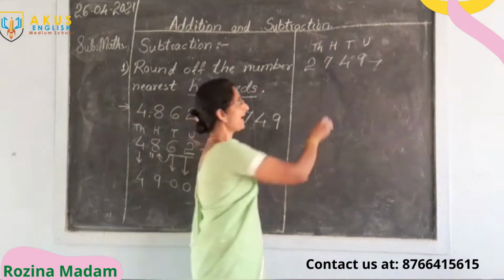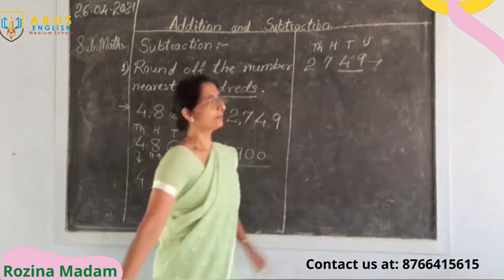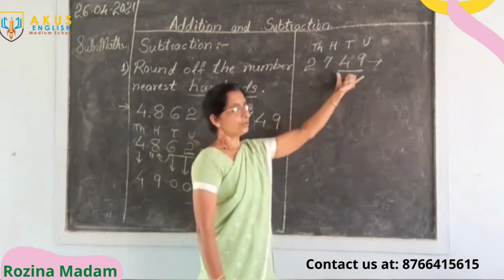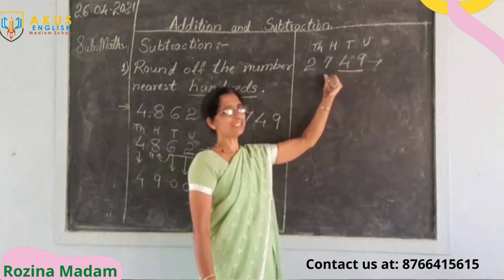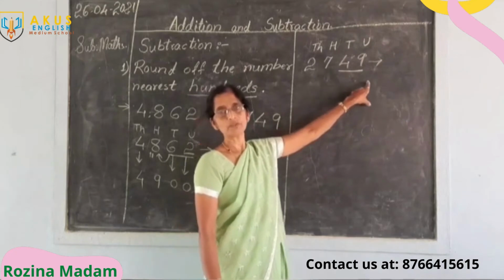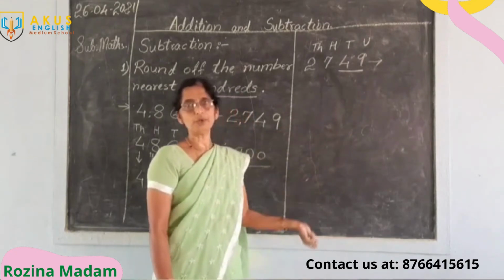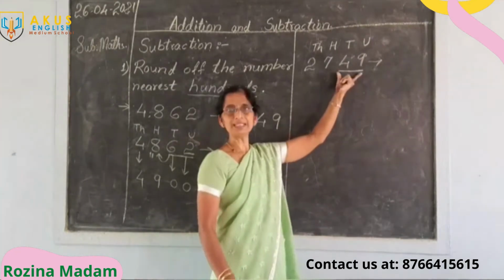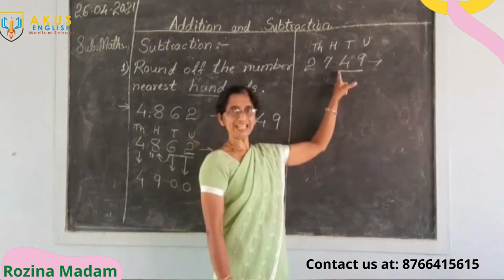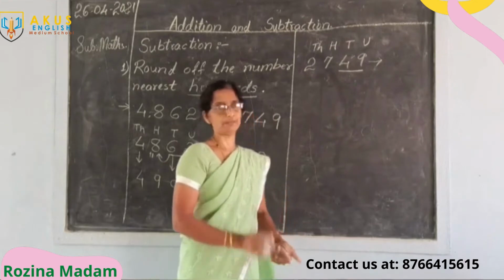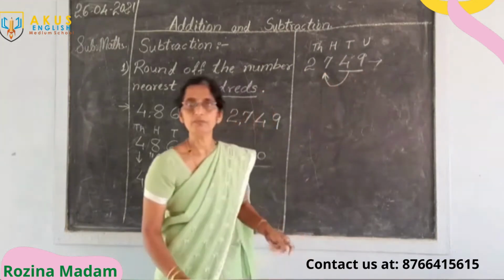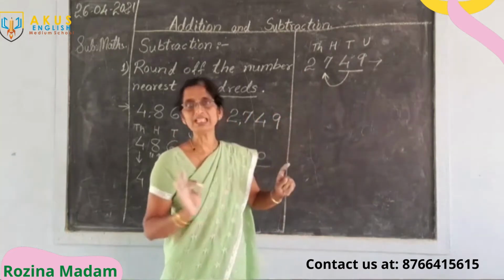Now I will underline the two numbers, units place and tens place. So here you can see the units place and tens place. What is the number? 49. So you have to see whether 49 is bigger than 50 or smaller than 50. Now 49 is smaller than 50. So the number on the hundreds place will not change at all.